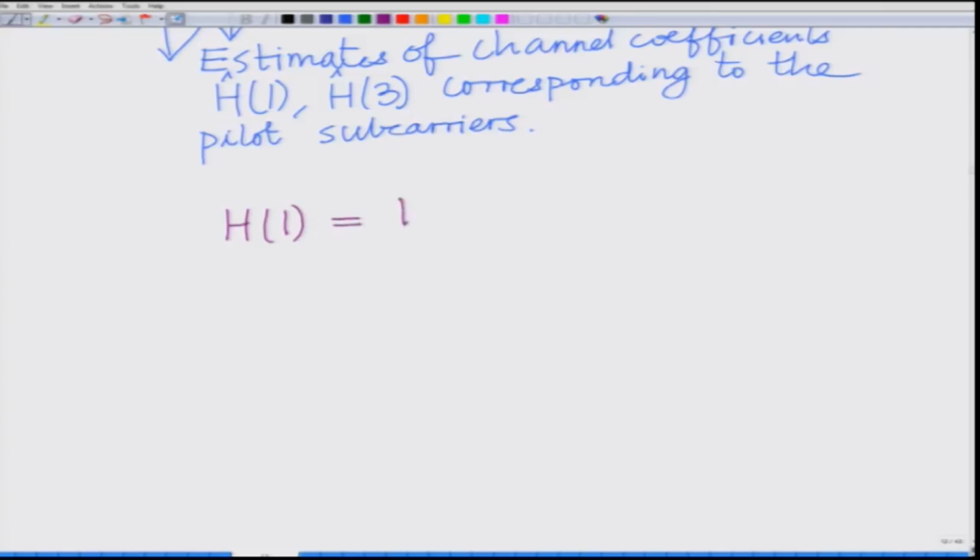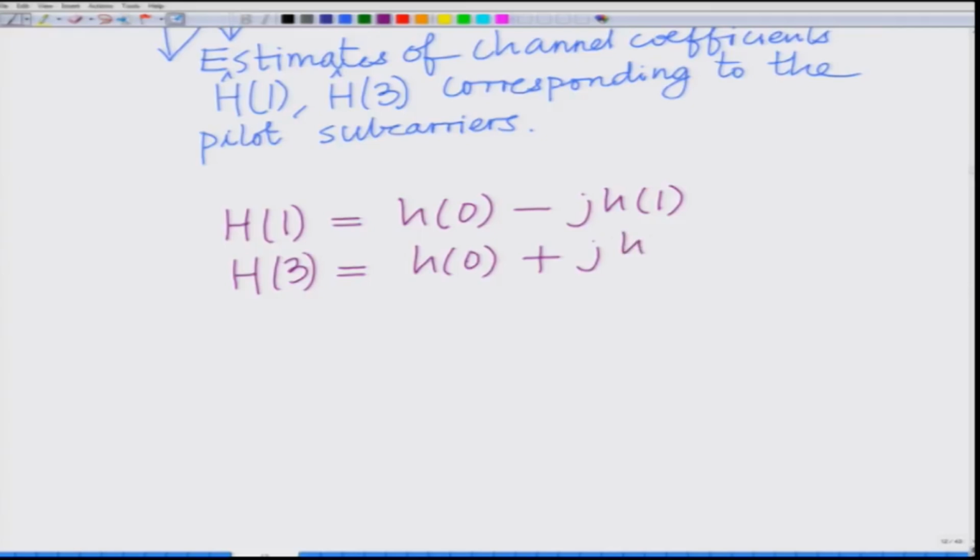Let me write it correctly: h 1 equals h 0 minus j h 1, and h 3 equals h 0 plus j h 1.